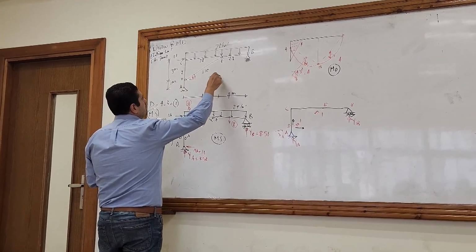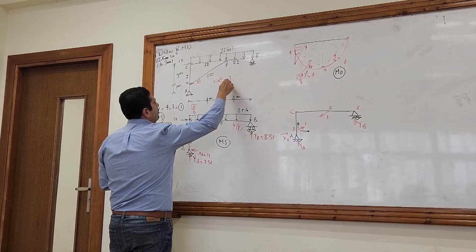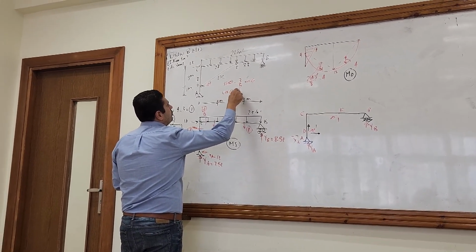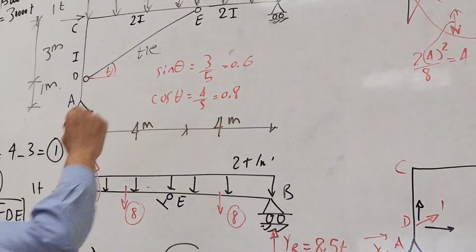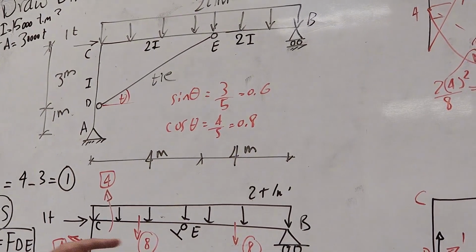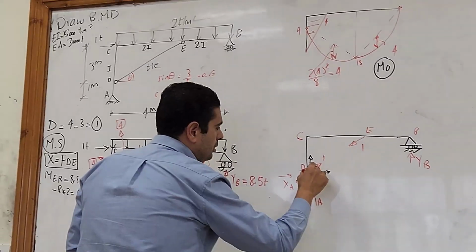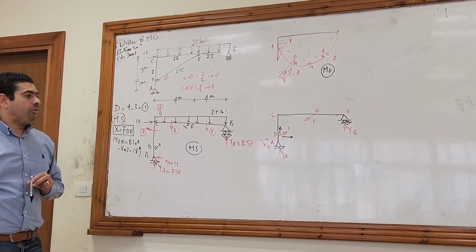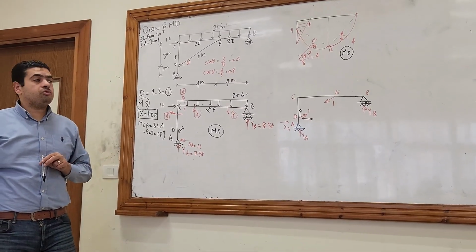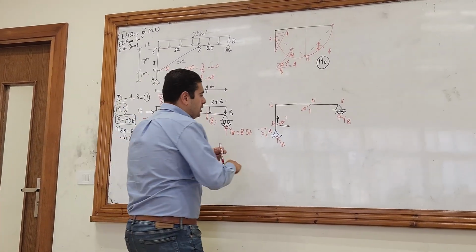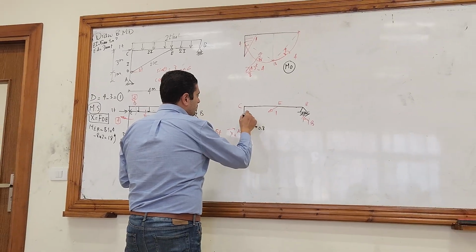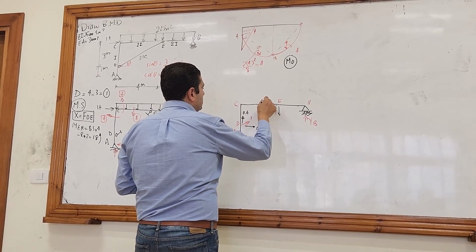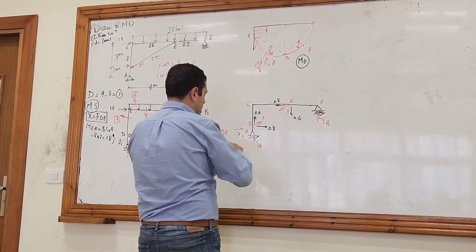Sine theta is 3 over 5, which is 0.6. And cosine theta, 4 over 5, which is 0.8. Where is theta here? I think this is theta. So this is close to theta, it will get a cosine. So this will be 0.8 and this will be 0.6.